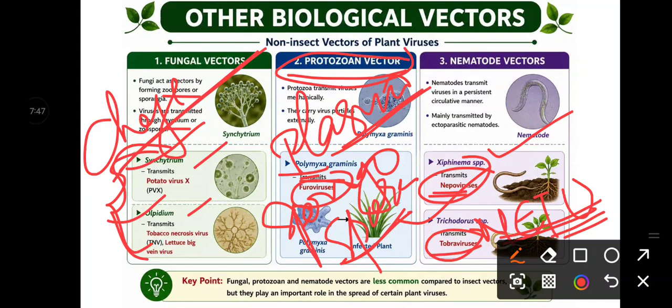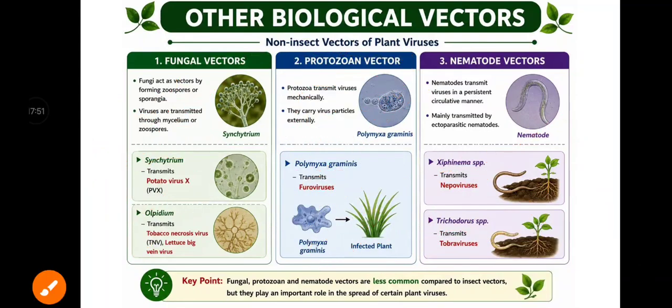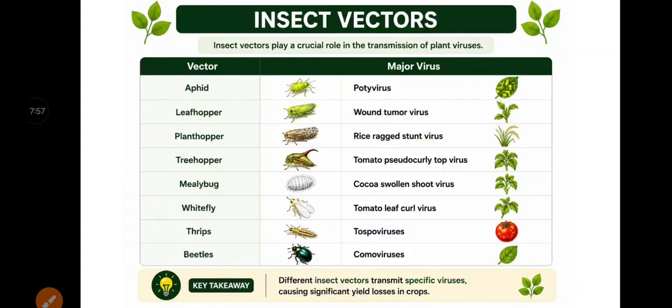So this is about the vectors transmitting the plant viruses: the insect, fungus, protozoan as well as nematode.